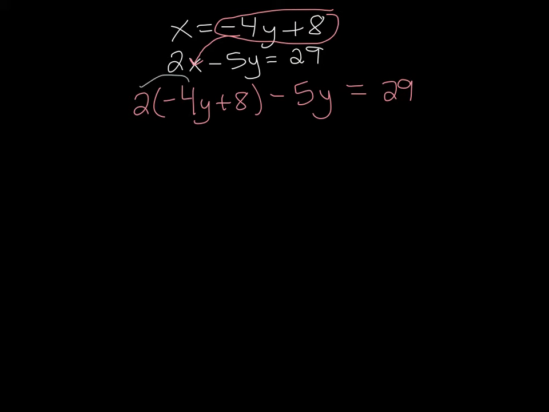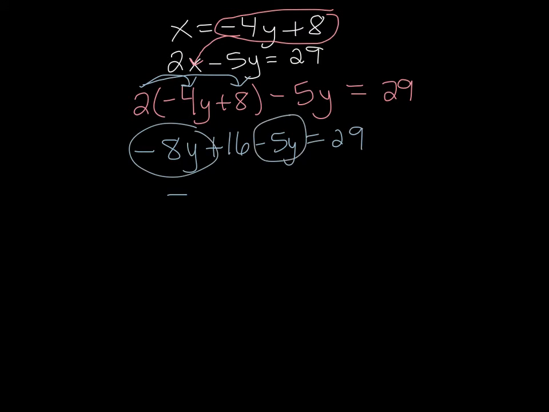Now it's time for the distributive property. I need to distribute the 2 to the negative 4y and the 8. So negative 8y plus 16 minus 5y equals 29. When I combine these like terms, negative 8y take away 5y, that's negative 13y, plus the 16 equals 29.